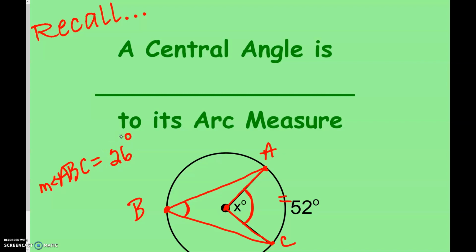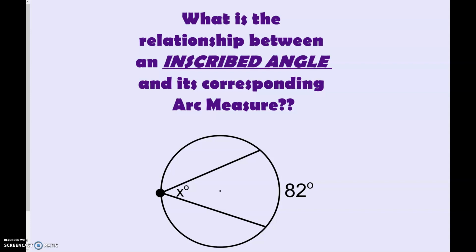So what would we find out about this inscribed angle compared to its intercepted arc? The inscribed angle is half of its intercepted arc. Here we have the inscribed angle, angle X, and it's meeting with this arc, 82. If this were a central angle in here, this central angle would be 82 degrees.